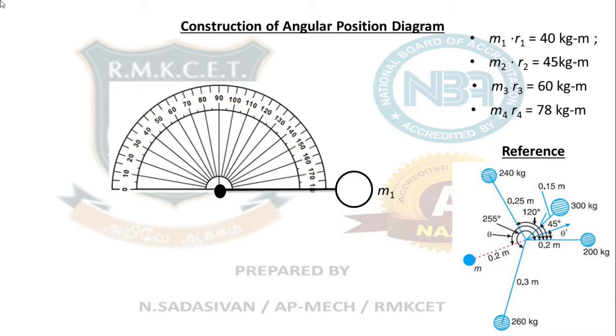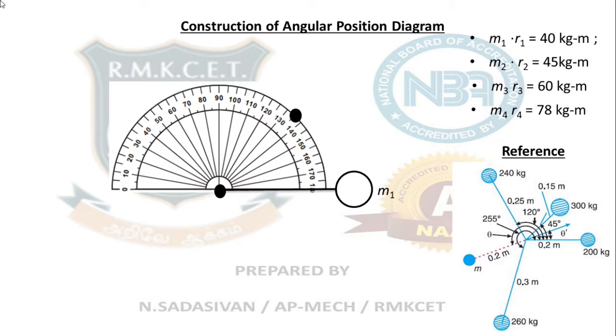Next, from there, is a 45 degree, and the third one is at 120 degree. From the 45, again another 75. So put a protractor like this on the center. Now I am going to measure the 45 degree for the mass 2 and the 75 degree for the mass 3 from the 45 degree. First put the 45 degree dot here.